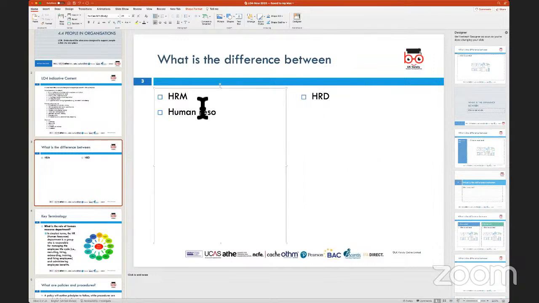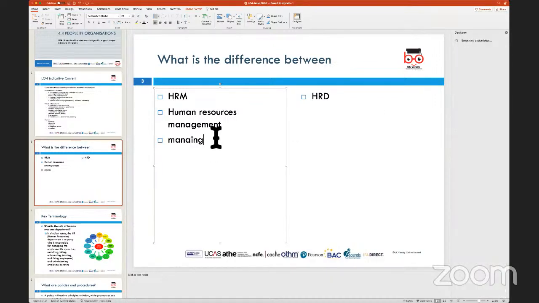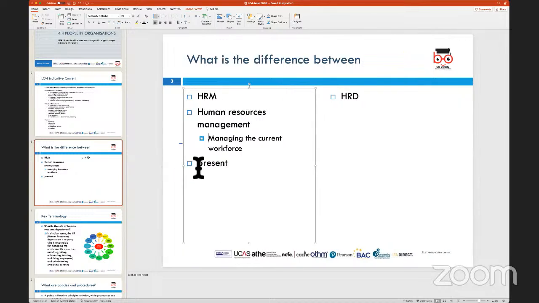Human resources management. When we talk about human resources management, what we are essentially saying is that we look at managing the current workforce, somebody who's employed, and focusing on the present. That is what we will be referring to as HRM.